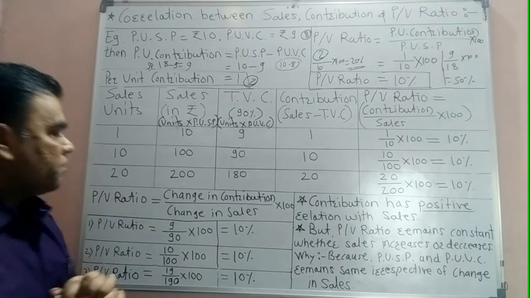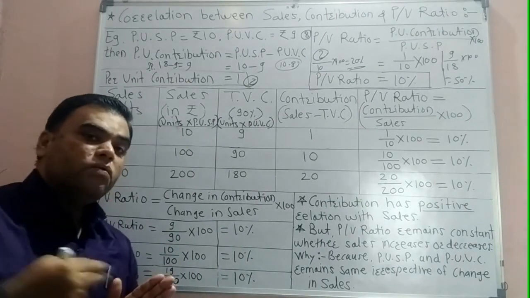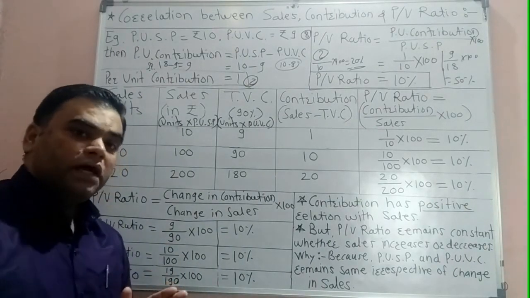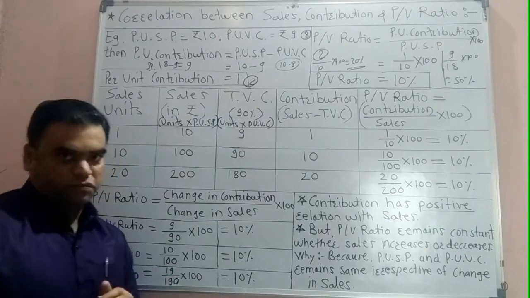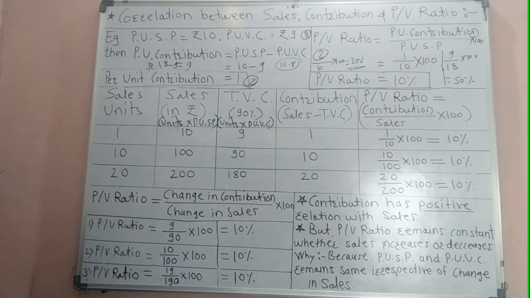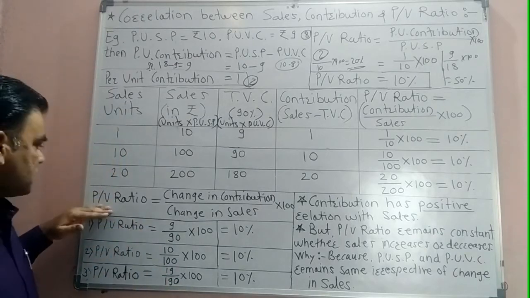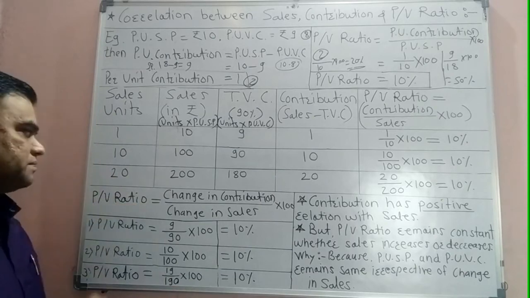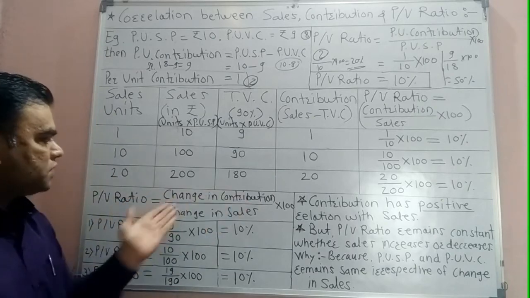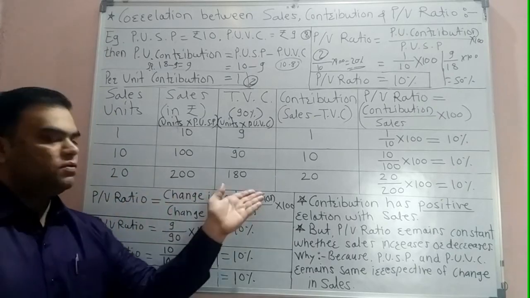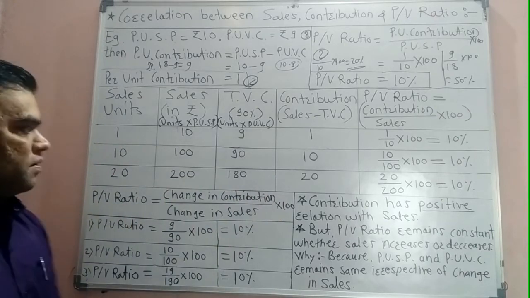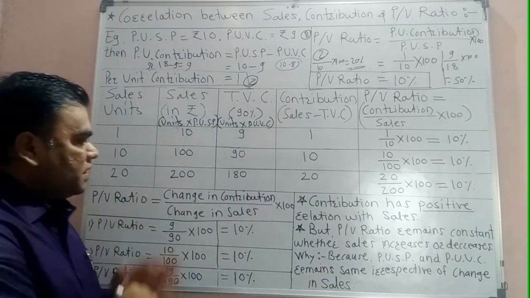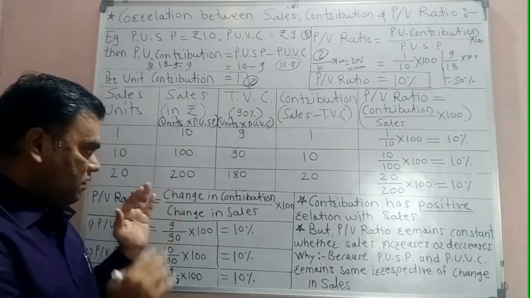Now we are going to discuss a new alternative way to calculate the PV ratio, which is that PV ratio is equal to change in contribution upon change in sales into 100. Why is this formula this way?